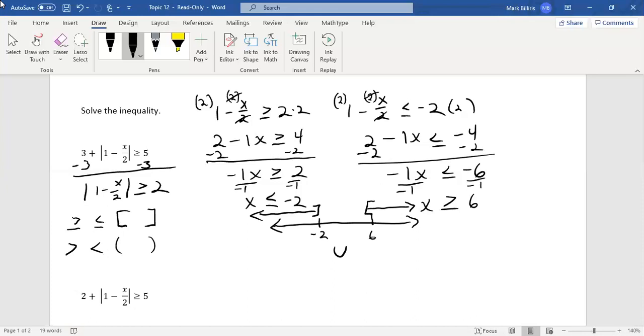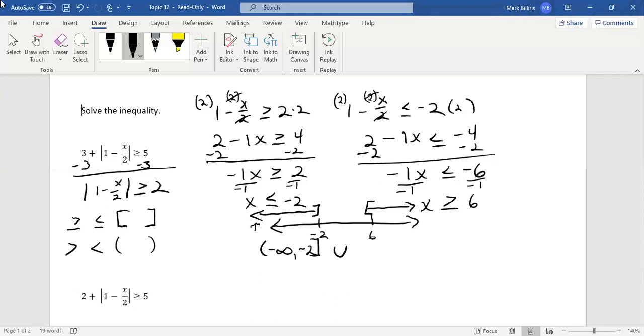So to write my interval, I start with the point furthest left. Since my graph here continues indefinitely to the left, it continues forever in the negative direction, and we call that negative infinity. The point furthest right in my first interval is -2, and we include that point because the inequality was less than or equal to.